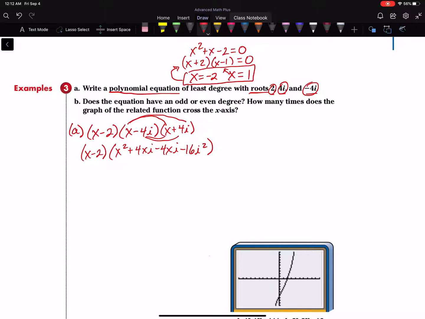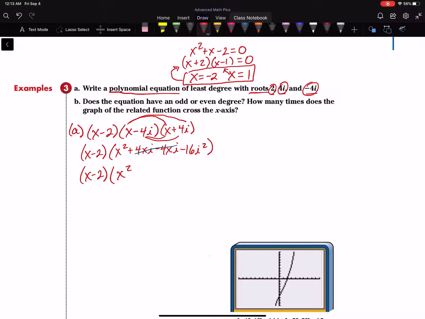Okay, negative 4 times 4 is negative 16. I times I is i squared. So, when we simplify this, 4xi and negative 4xi cancel. So they go away. And I'm left with x squared.